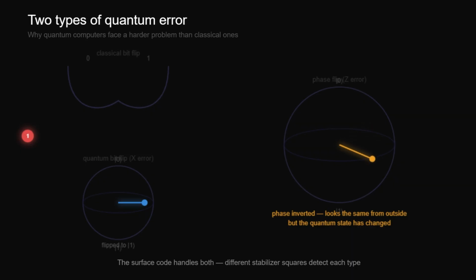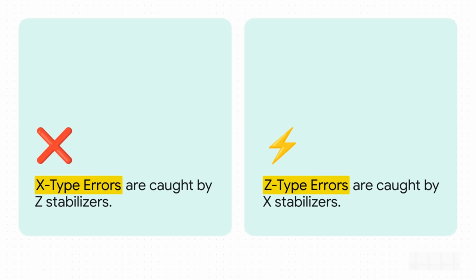The light squares, the X stabilizers, are uniquely designed to spot those Z-type phase flips. And then flip it around, the dark squares with the Z stabilizers are built to catch the X-type bit flips. By alternating these across the entire grid, the surface code creates this perfect interlocking web of detection. Honestly, no matter what kind of error hits the board, an alarm is absolutely going to trip.